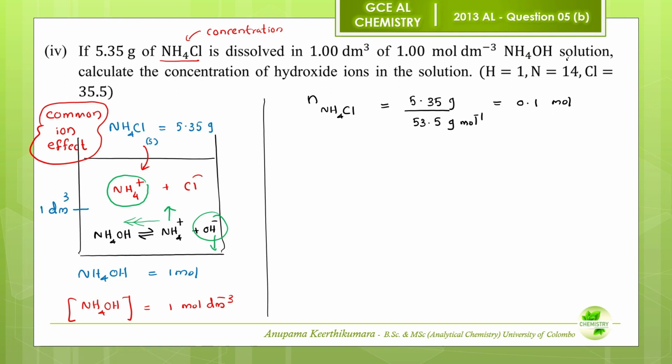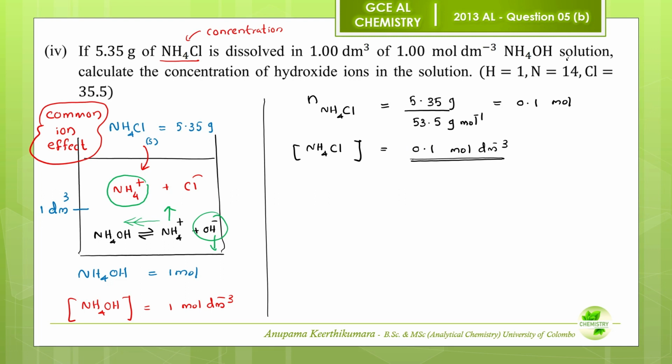Therefore, the concentration of ammonium chloride is 0.1 moles per cubic decimeter. The volume of this solution is 1 cubic decimeter. Therefore, the number of moles is the same as the concentration.